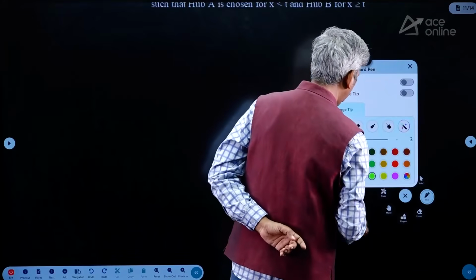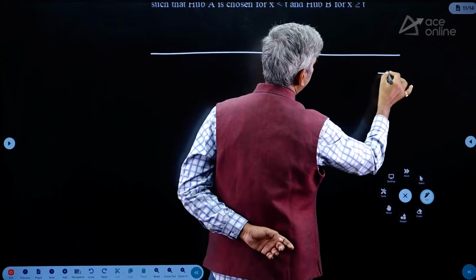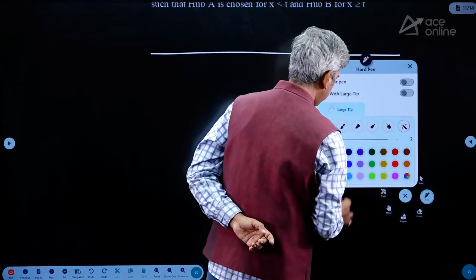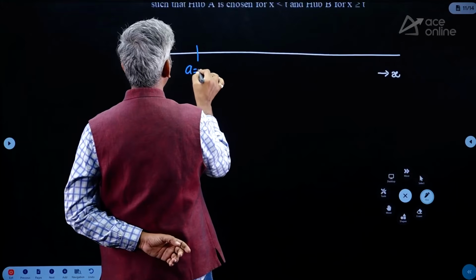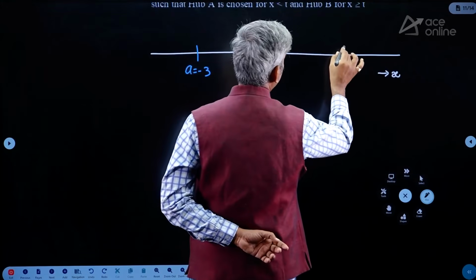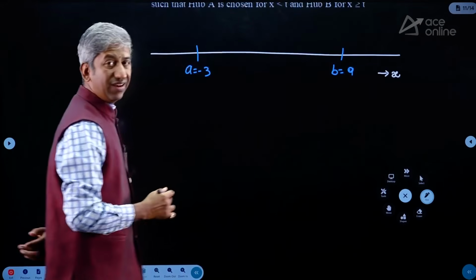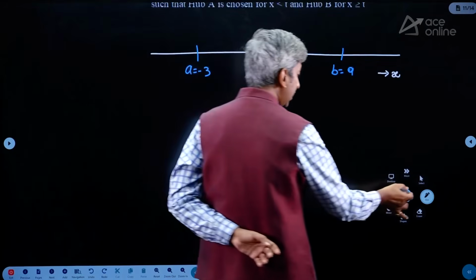So there is a road, which will be considered as your x direction. On this, we have a point A equal to -3 and another point B equal to 9. So A and B are the break points.